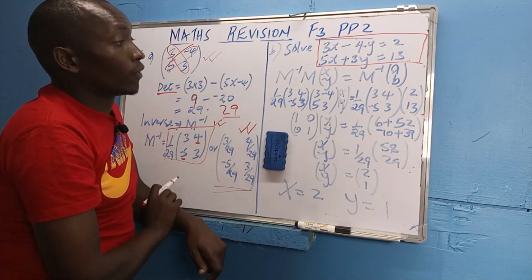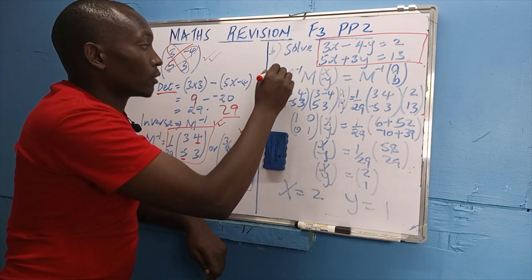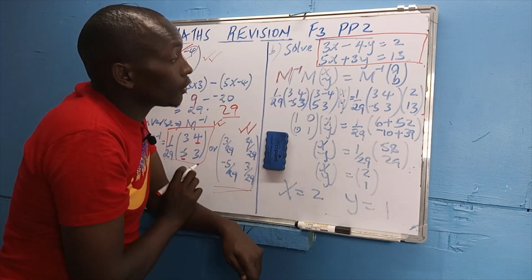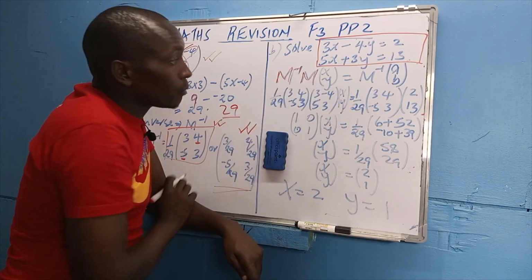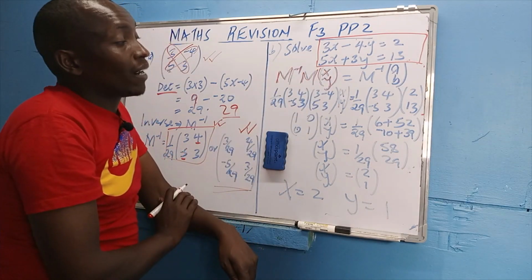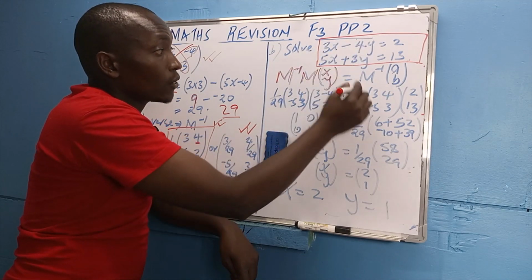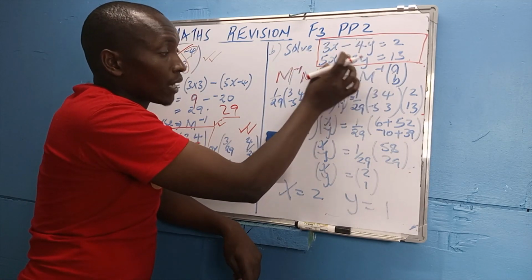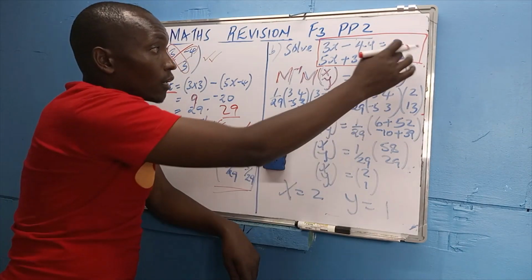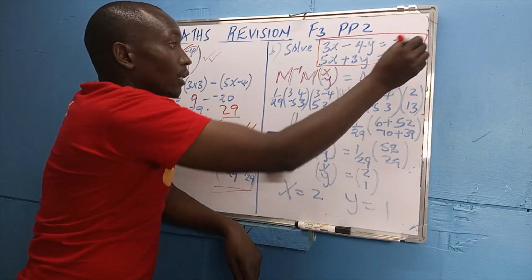So if I want to solve this pair of equations, the inverse of the matrix multiplied by that matrix, multiplied by the matrix of the variables x, y in that order, will give me the inverse of the matrix multiplied by the matrix of the constants here, A, B.